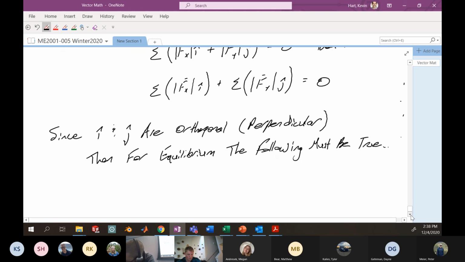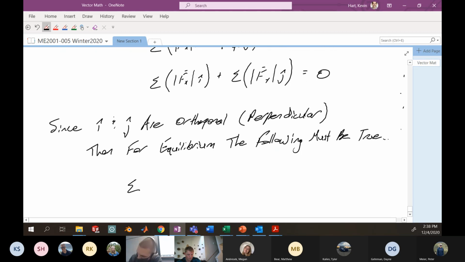That both of these conditions must be satisfied. The sum of the forces in the x direction must be equal to 0, and the sum of the forces in the y direction must be 0. Both of these things must be true.